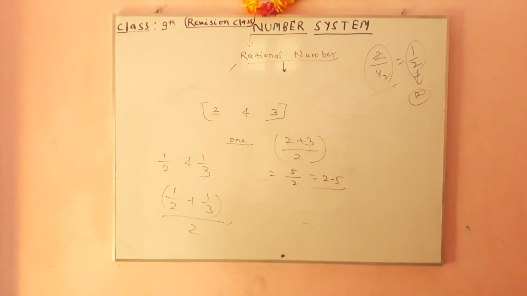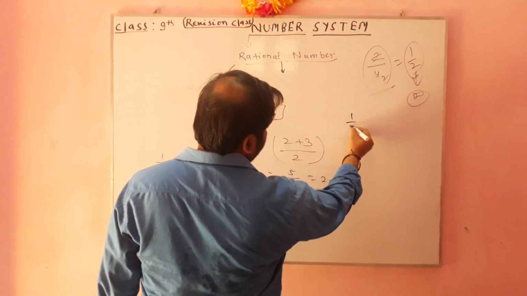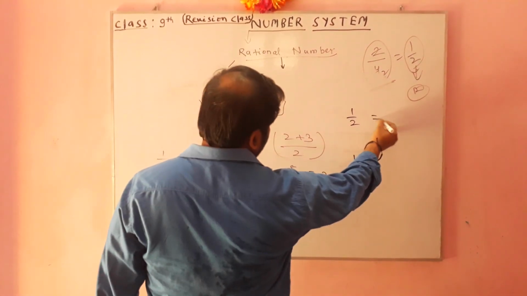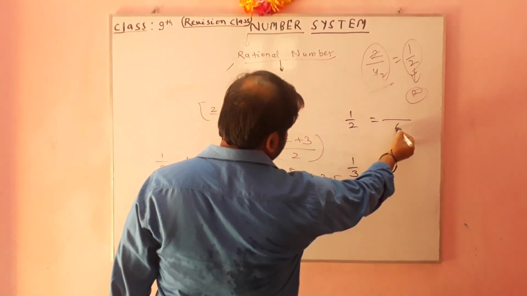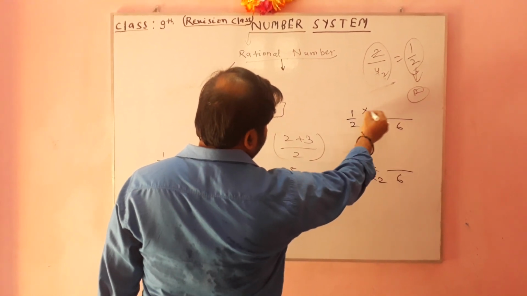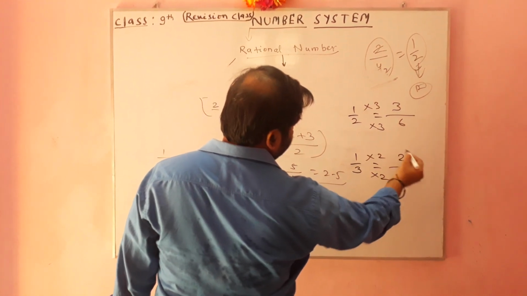Now we have to find more than one rational number. What is the method? Suppose I am writing here 1 by 2 and here 1 by 3. First of all, make the denominators equal. Find the LCM: the LCM of 2 and 3 is 6. 3 into 2, 2 into 3: 3 by 6 and 2 by 6.